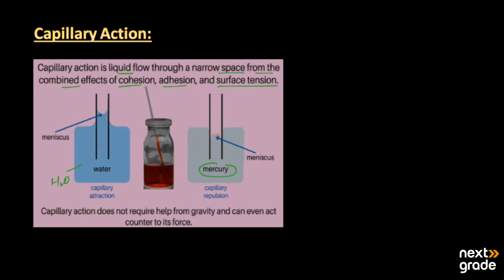It means that water has capillary action. Here you can see that the mercury's meniscus is convex, and the water's meniscus is concave. It means here there is capillary repulsion, and here we have capillary action.